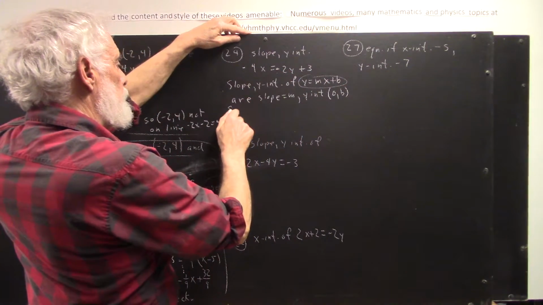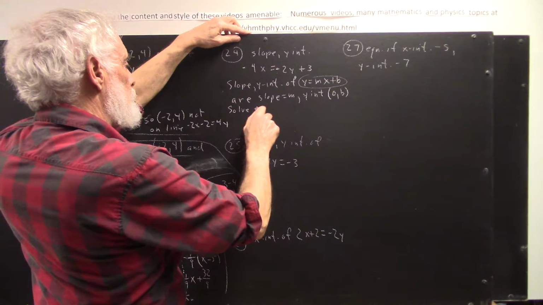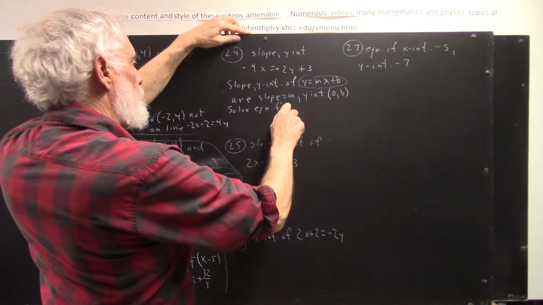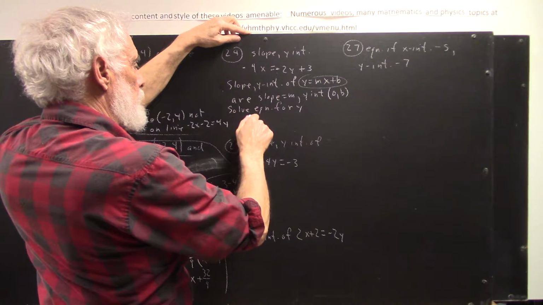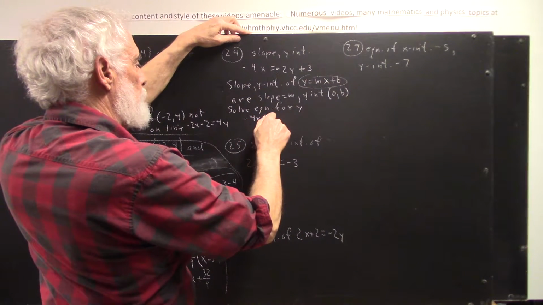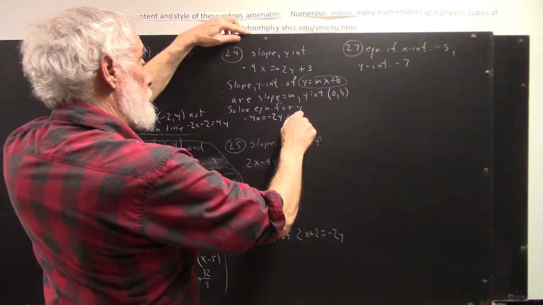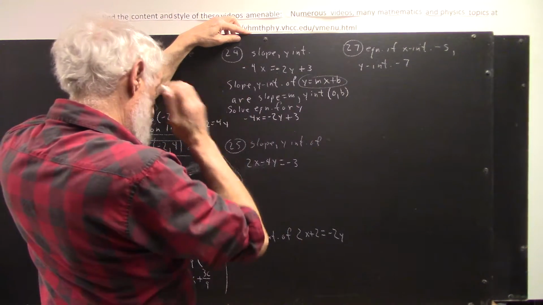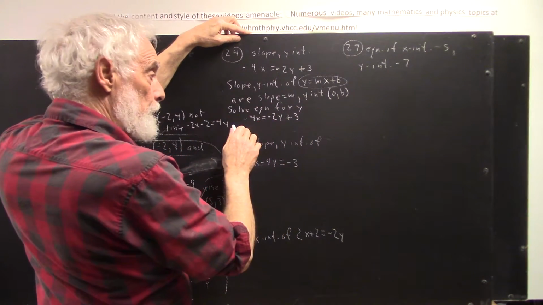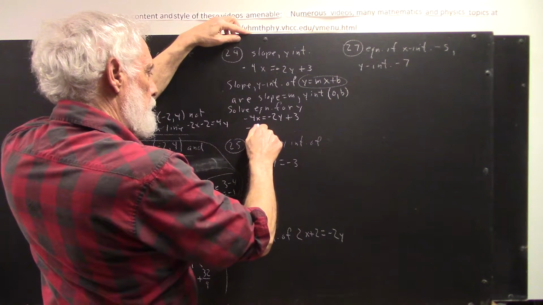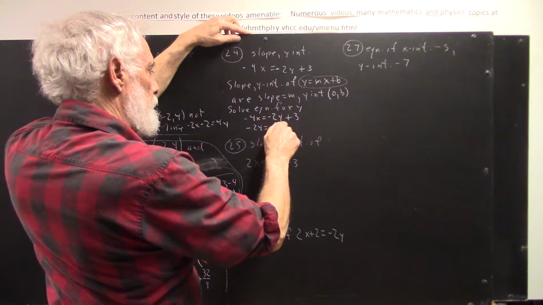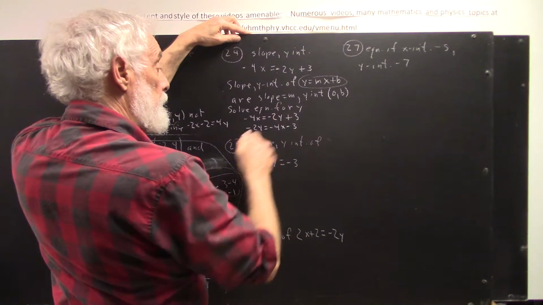Well, solve the equation for y. We have negative 4x equals negative 2y plus 3. If we subtract 3 from both sides, and I'm going to reverse sides also, we get negative 2y equals negative 4x minus 3.